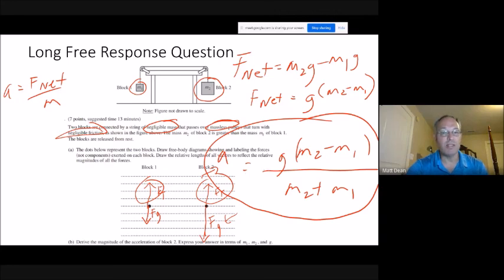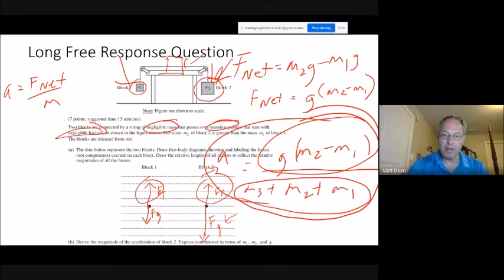The net force acting on the system, whether there's a block right here or not, doesn't change. It's still the difference between this weight over here and this weight over here. So this part of our equation doesn't change. What does change is the mass of our system. That net force, if there's a block here in the middle, now acts on M2, M1, and M3, which means the bottom part of our fraction gets bigger, which means our acceleration gets smaller.